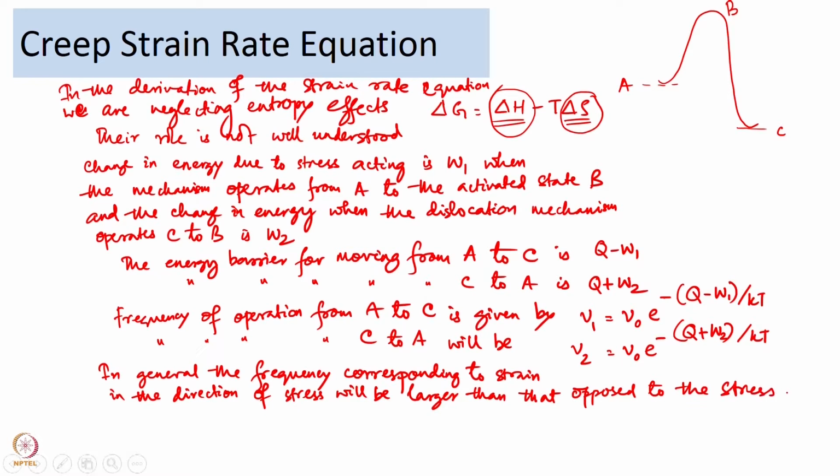Since the stress is aiding the dislocation motion, the probability of the dislocation moving from A to C is going to be higher than the reverse, which is coming back from C to A. That is because of the presence of the stress.